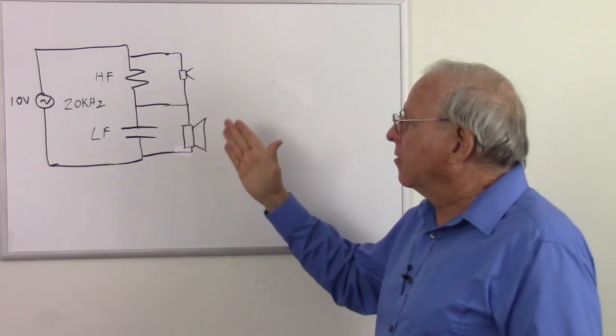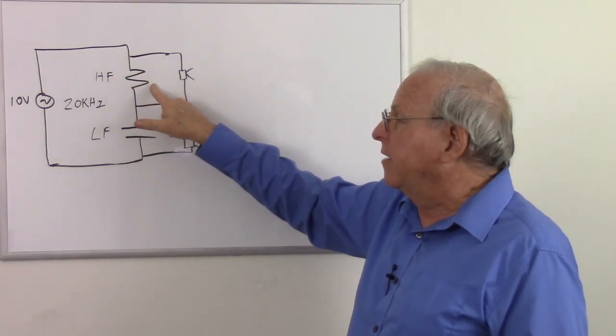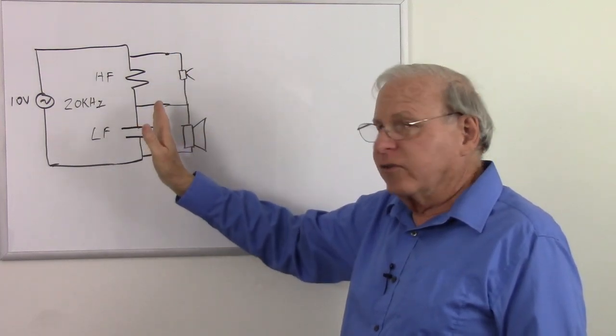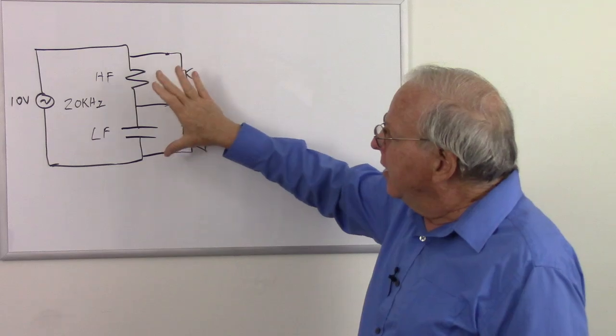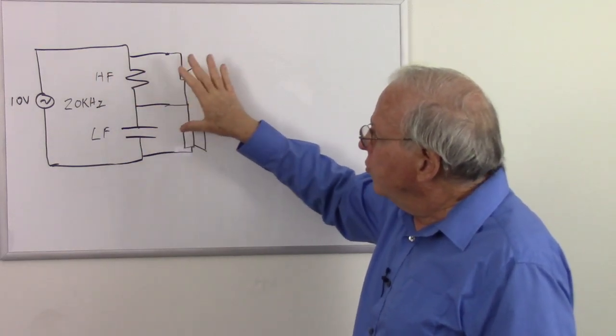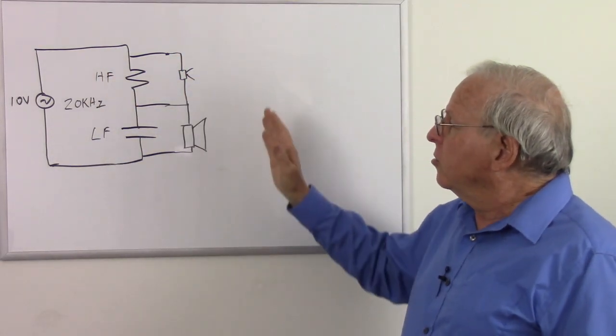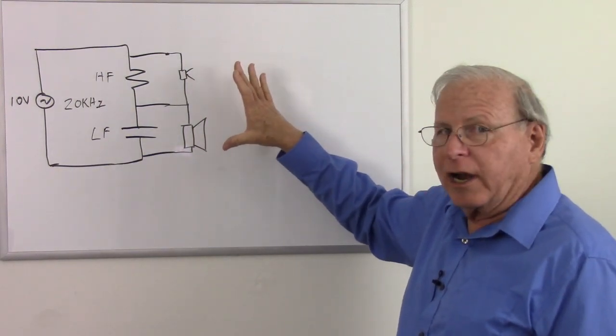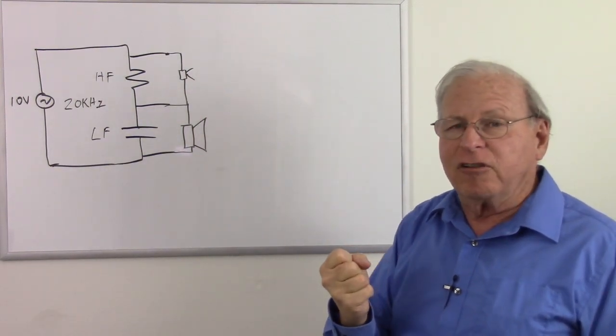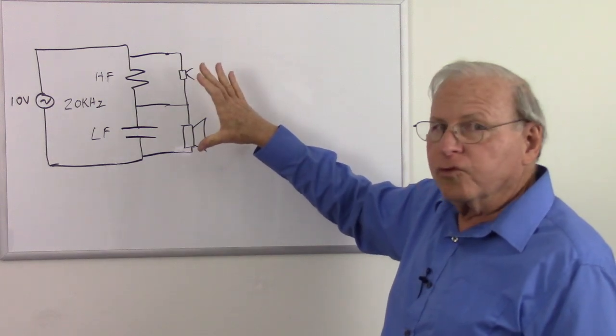Now this isn't really a practical circuit for a crossover because we have a resistor in there and current through resistors produces heat that's going to waste energy, but it gives us an idea of what we can do with a resistor and a capacitor to give us different frequencies. But we can use this in the low current areas such as the beginning stages of an amplifier to filter there.